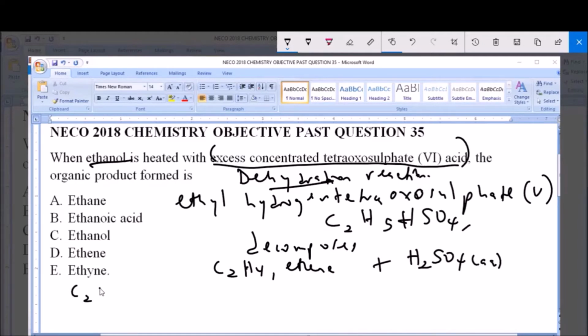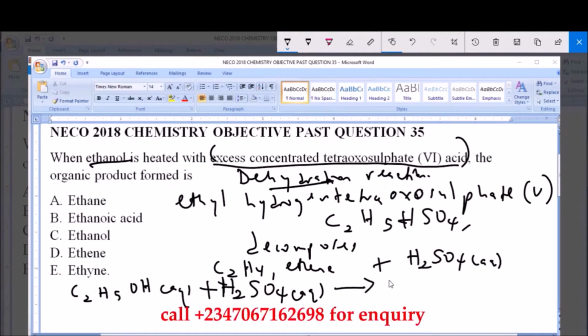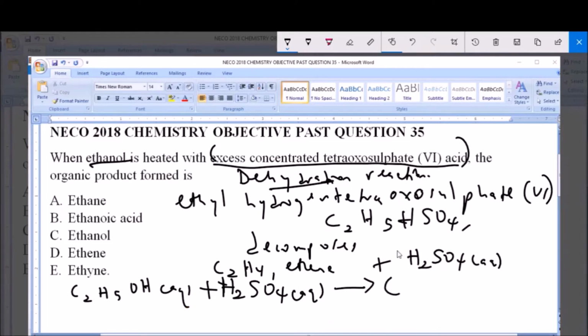So this is the summary of the reaction. You have ethanol, C2H5OH, reacting in the presence of concentrated tetraoxosulfate 6 acid to yield ethyl hydrogen tetraoxosulfate 6 and water.